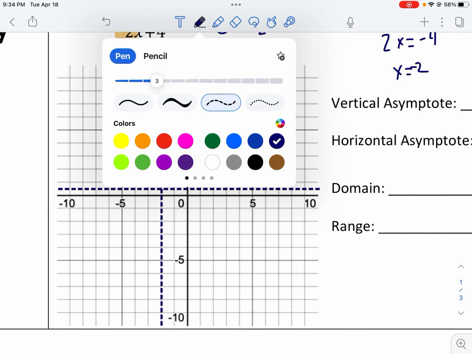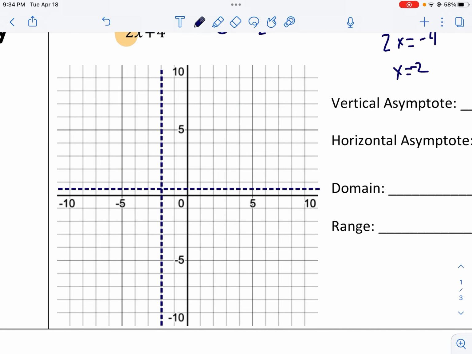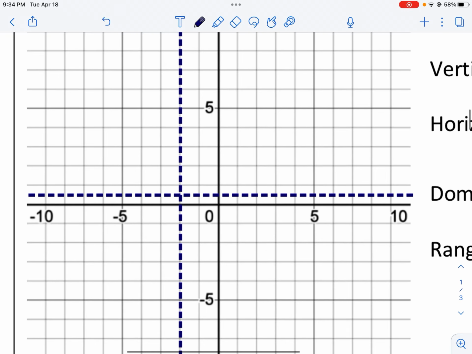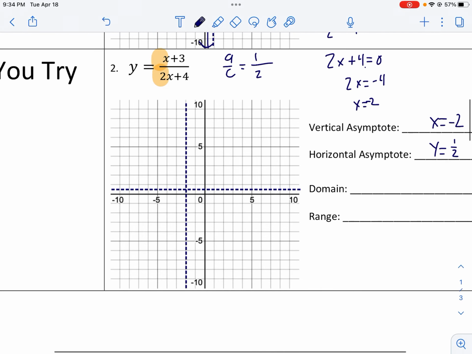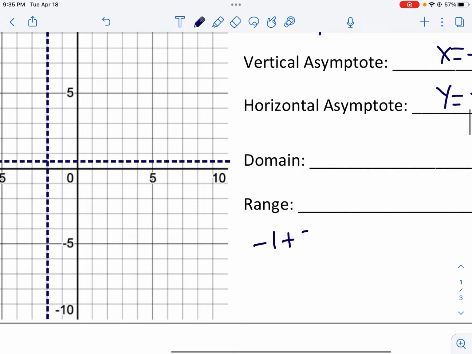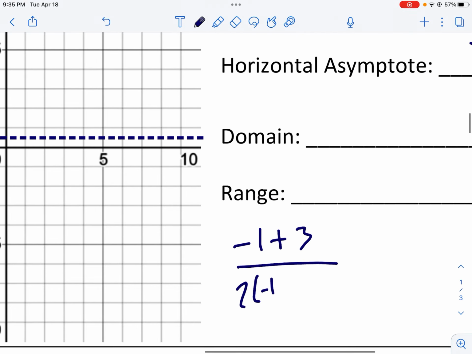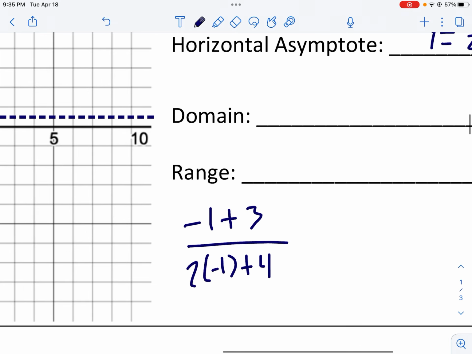Now, again, we don't really have any idea of where the points are going to be, so we just kind of have to plug a number in. We can plug in either -1 or -3. I think -1 is probably easier, so let's do -1 plus 3 over 2 times -1 plus 4.